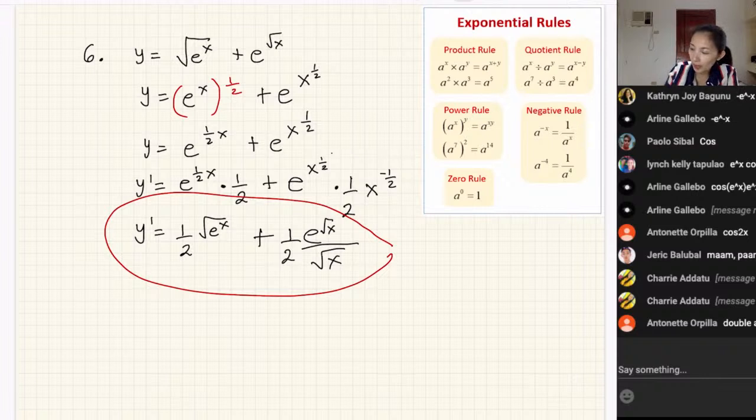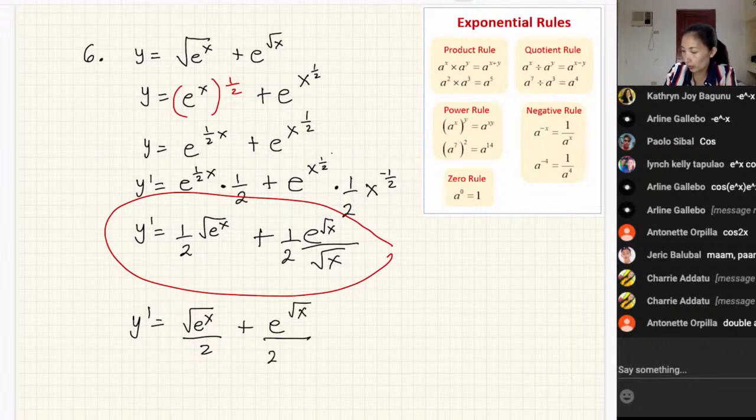Or y prime is the square root of e raised to x over 2 plus e raised to the square root of x over 2 square root of x. Are there questions at this point?